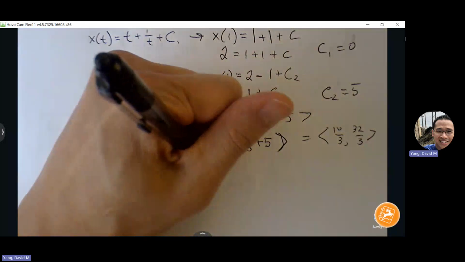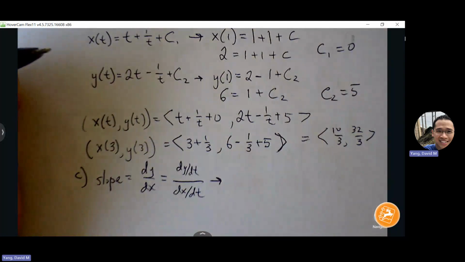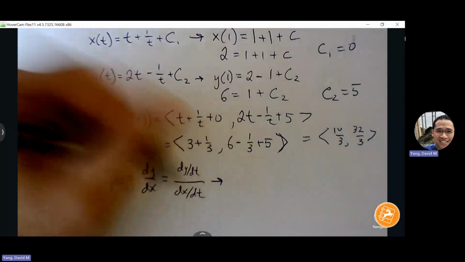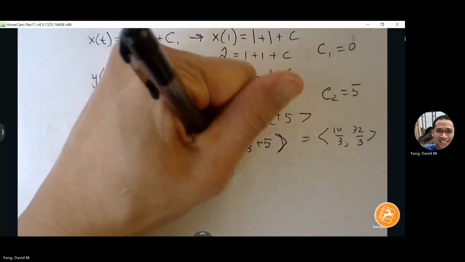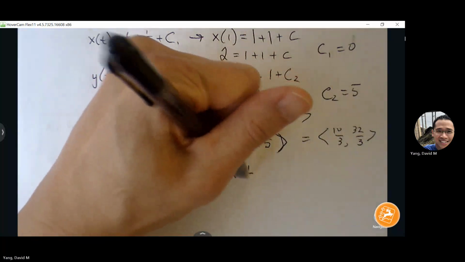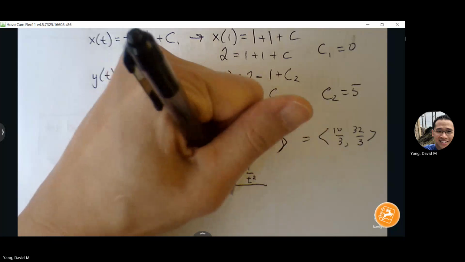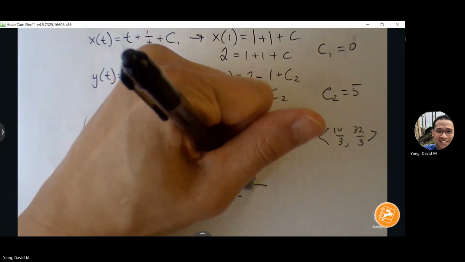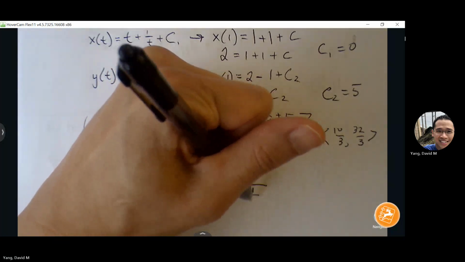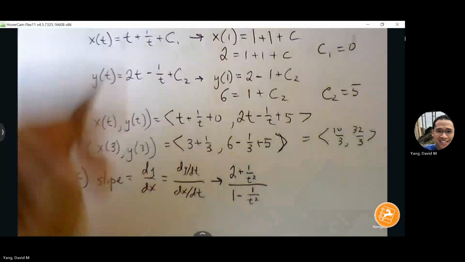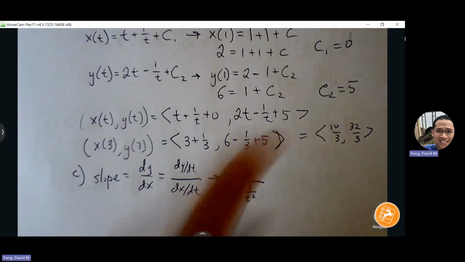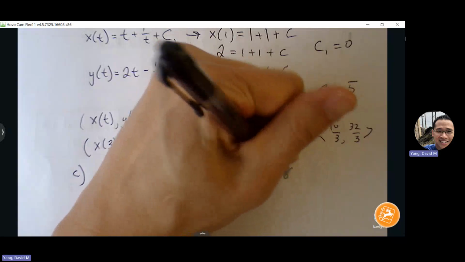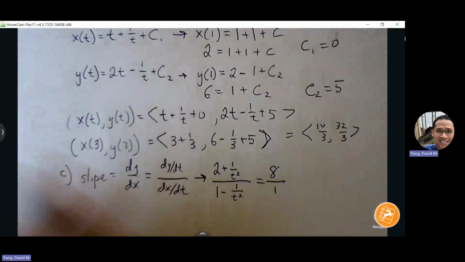Well, we have dy/dt, we have dx/dt. We'll put those in place. Those are the velocity, part of the velocity vector from the beginning of the problem. We set all this equal to what? 8, yeah. I'm just going to cross multiply and algebraically solve for t.